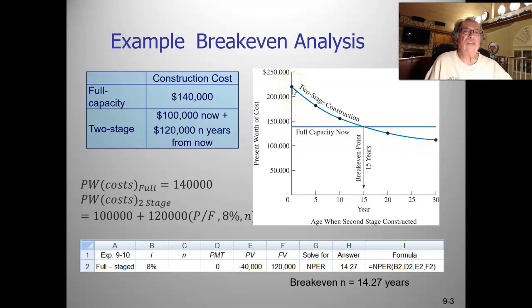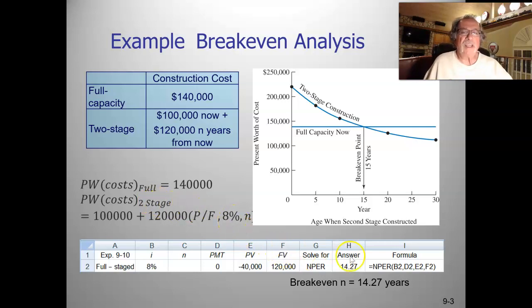For two-stage construction, if you do it immediately, the cost is $220,000. And the present value of this $120,000 is going to decline the further out into the future. And so the question is, at what point does it cross this $140,000 line? And that's when the present worth of the full stage construction equals the present worth of the two-stage construction.